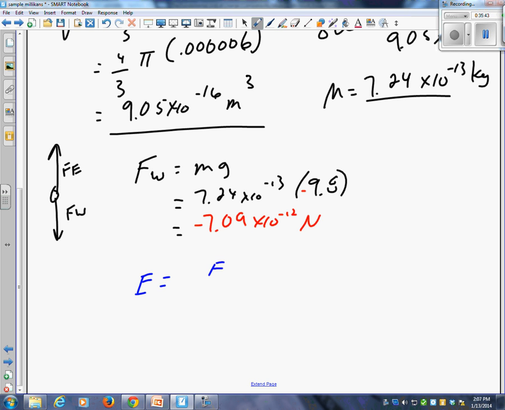The electric field strength is 0.3. Now, should this be minus 7.09? No, it's 7.09 times 10 to the minus 12 all over Q. And so really what you're just doing is dividing by 0.3.